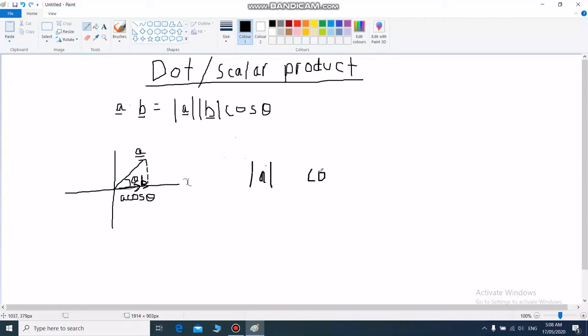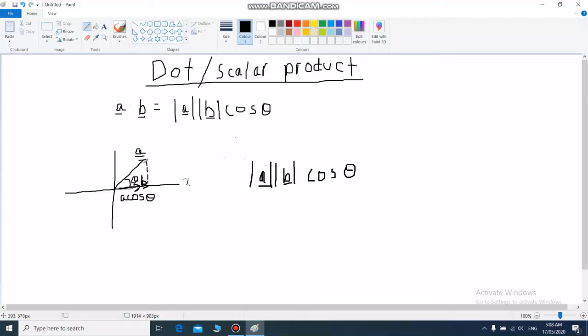We know that the modulus of A cos theta gives us the horizontal component of A, and if we times it by the modulus of B, and we know that B is just another vector over here, we're timesing that horizontal component by the length of B. So in other words, if B, instead of being the unit vector, could have been any vector, then all we're doing is projecting the vector A onto vector B, and then we're multiplying the projection by the length of B. Can you see that?